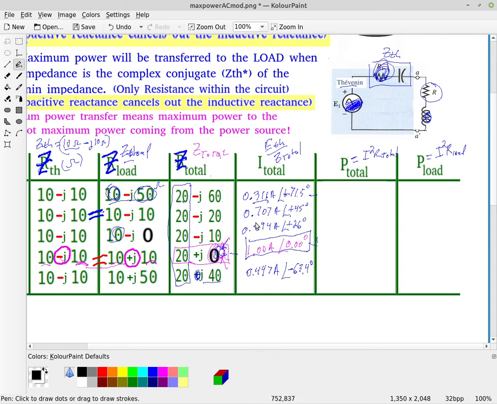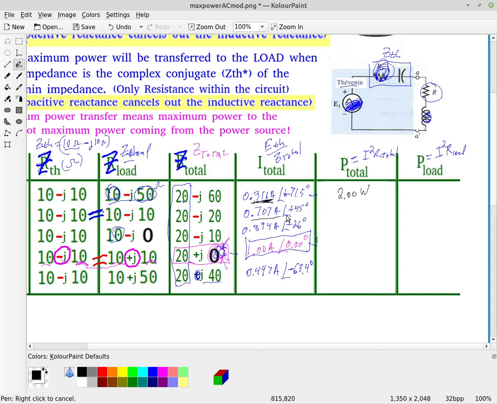Our total power is going to be 2 watts for the first case. So we take 0.136 squared times a total of 20. It may be a little bit off here because we rounded off to 3.16, but if you take it out to at least 5 or 6 decimal places, which I didn't record here, it actually comes up to be 2 watts.